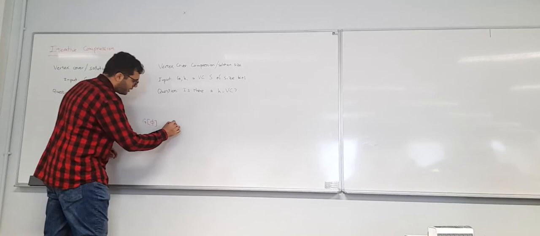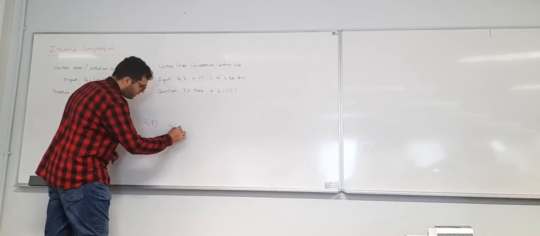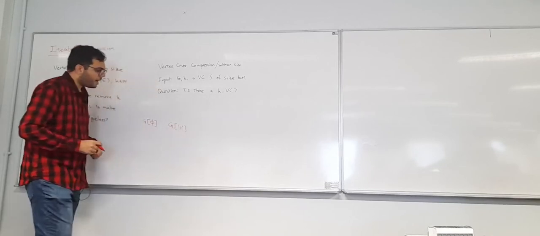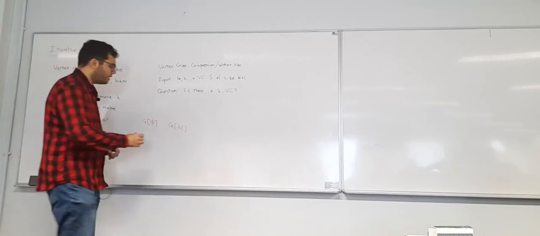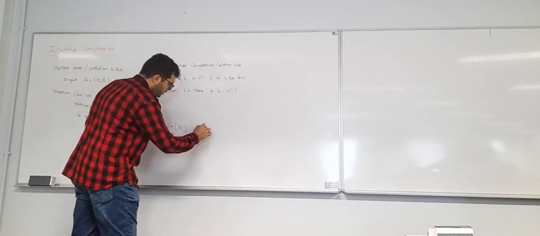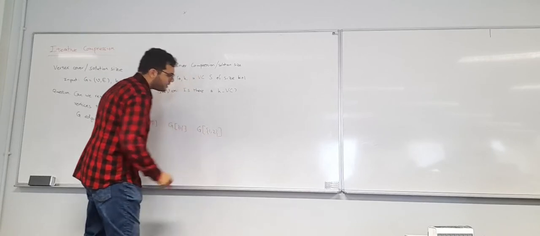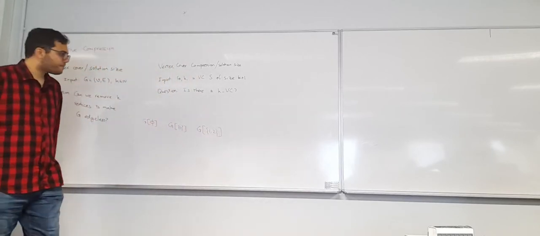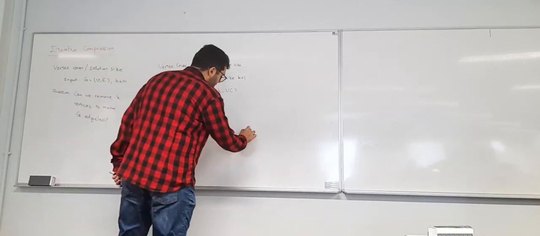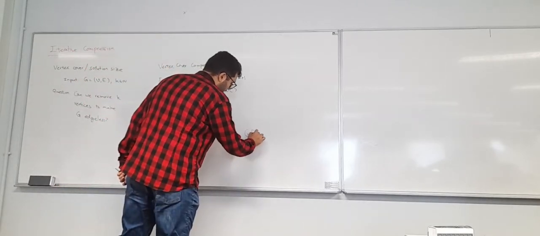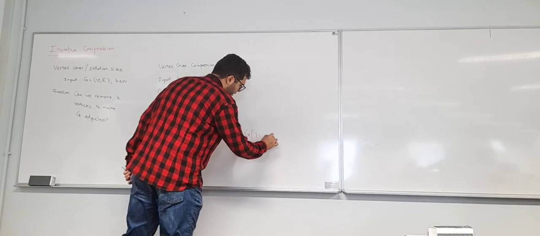And then I get a graph G that has only vertex number 1. Then I add my second vertex, G that has vertices 1 and 2 only. And I continue this. I just add my vertices one by one until I get my whole graph G that has all the vertices from 1 to n.